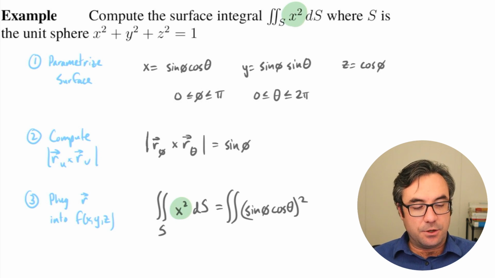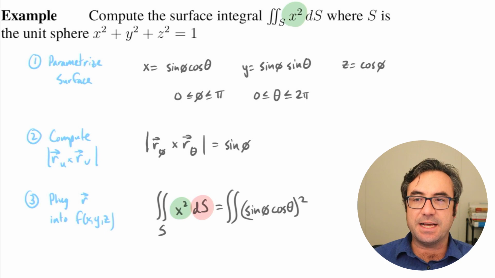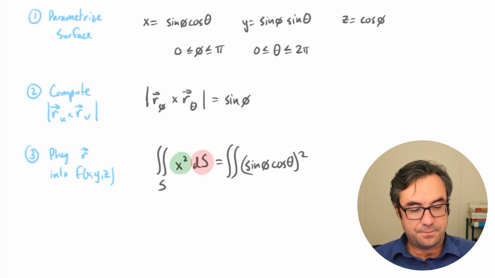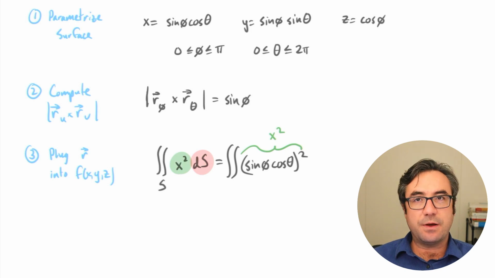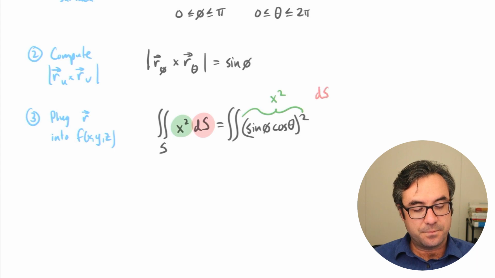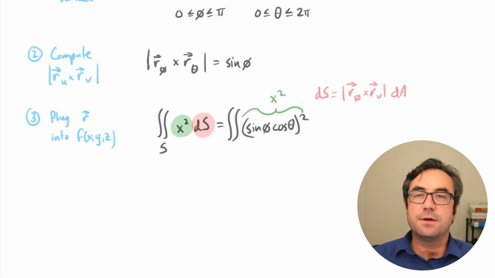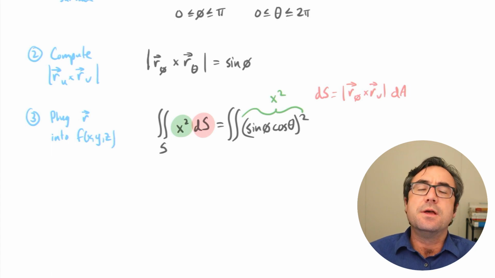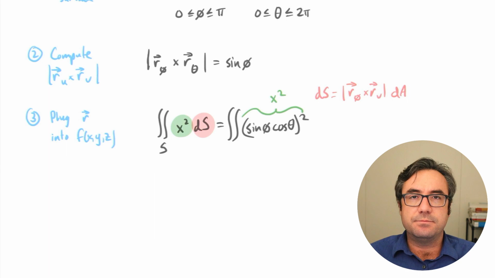And while we're at it, let's also convert the differential, this dS. This was our x squared that we replaced. And the conversion for our differential is the length of that cross product of our parameterization times dA, the flat two-dimensional dA differential.